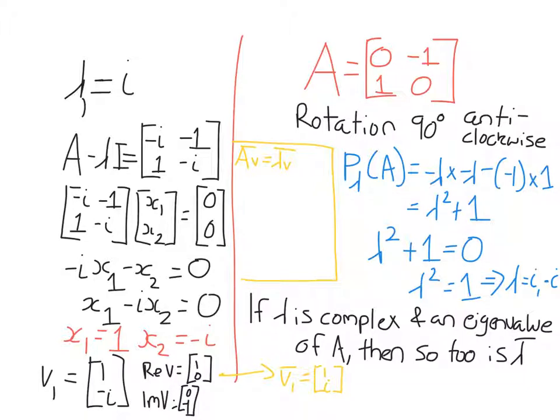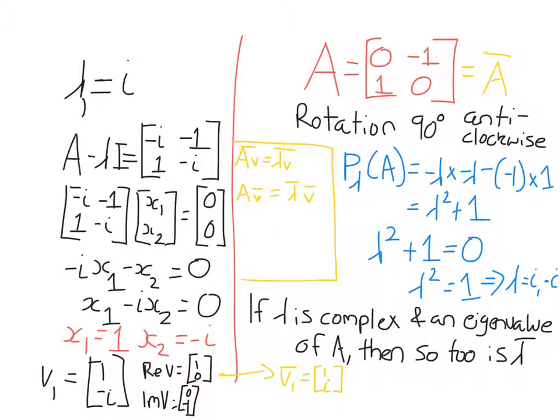Now, A is a real matrix. So that means it's equal to its complex conjugate. Same for real numbers. They're equal to their complex conjugate. So I can write it like this: A times the complex conjugate of v is equal to the complex conjugate of lambda times the complex conjugate of v. Because lambda is a scalar, I can write it like this.